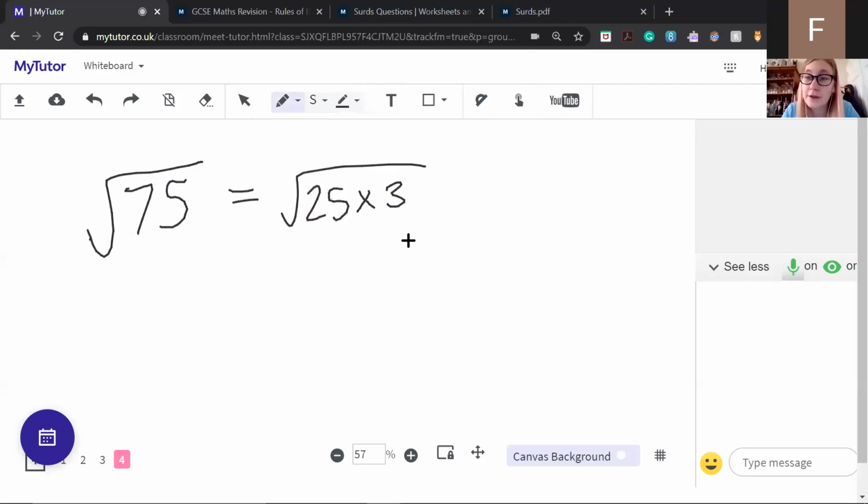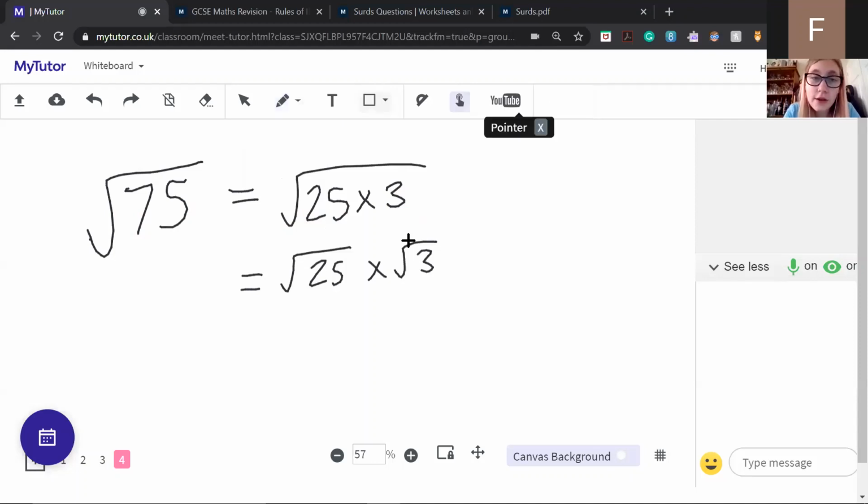Then we're going to use our rule that we just covered and split this up. So this is root 25 times root 3. So far, all I've done is write 75 a bit differently and then split it up. Now, this is why we wanted one of them to be a square, because root 25 is a whole number. Brilliant. Root 25 is 5.